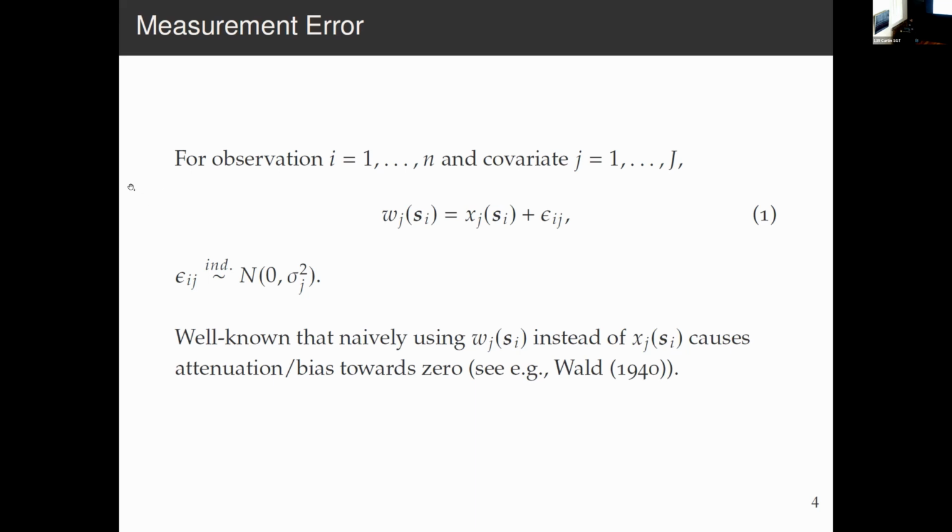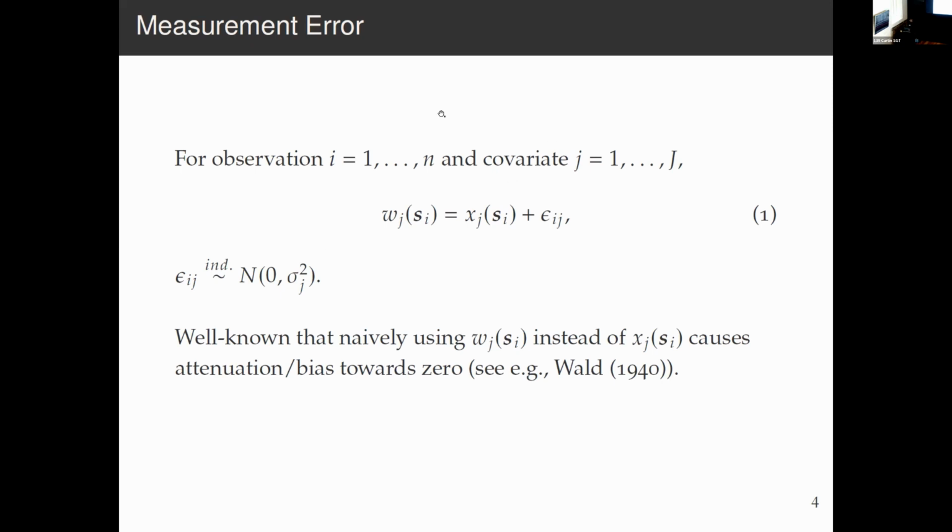So for observation i from 1 up to n and covariate j from 1 up to capital J, we assume that instead of observing our true covariates X_j(s_i), we actually observe some error-contaminated version of the covariates, which we call W_j(s_i).